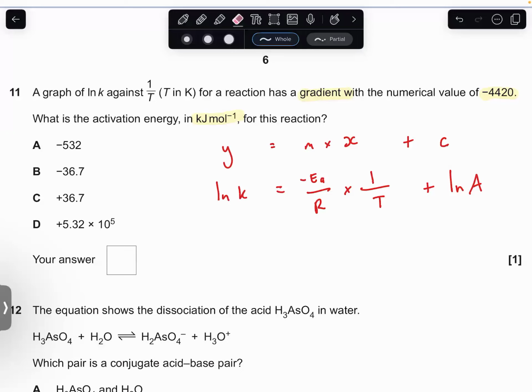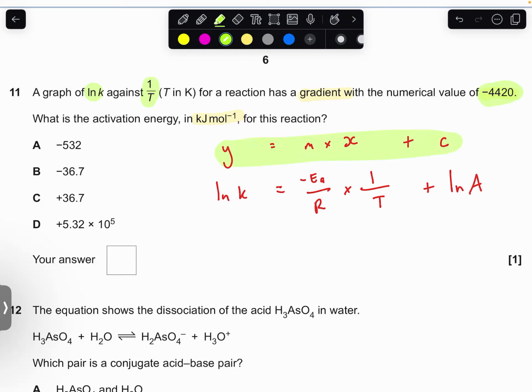In this question, you've got a graph of natural log k against 1 over T for a reaction, and the gradient is given as minus 4420. So we know that y equals mx plus c. We learned that in GCSE.